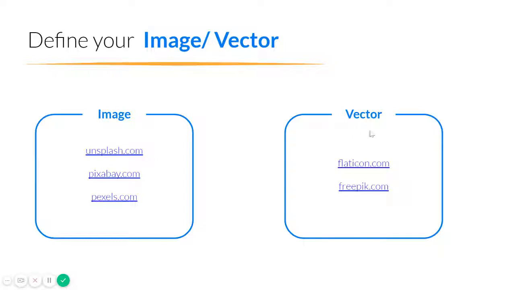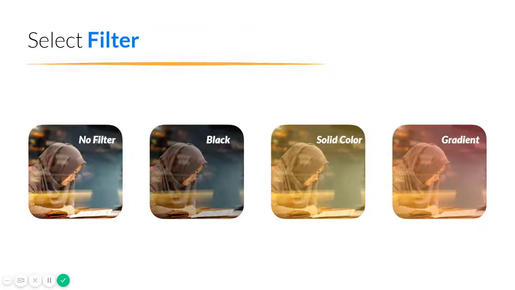And when you want vectors, you can go to Flaticon and Freepik. Freepik is a huge library of vectors, and Flaticon has just the icons if you want. It's very helpful. These icons, I use them all the time. Sometimes I combine these two things together to make a design, but right now we'll focus on these things separately.